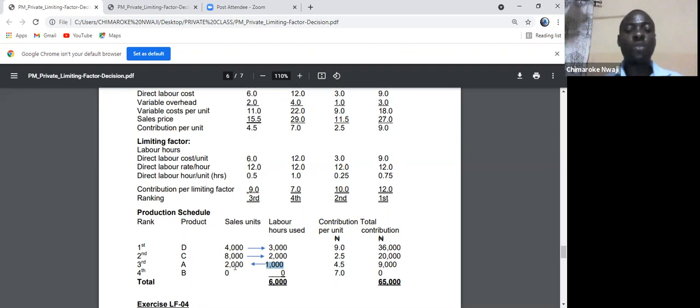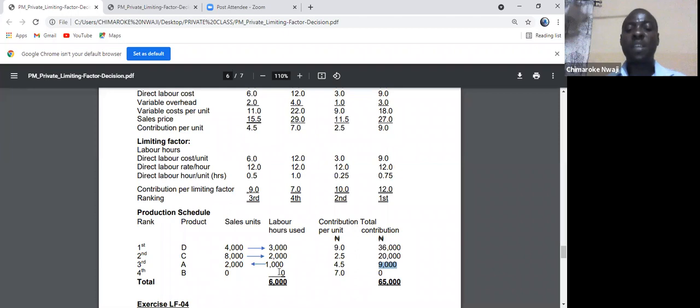It means you can only do 2,000 units. Come to think of it, 2,000 multiplied by 0.5 will give us 1,000. So moving the normal direction, we still get the same thing. So 2,000 units multiplied by the 4.5 contribution gives you 9,000. Now, all the scarce resource has been used up in D, C, and A.